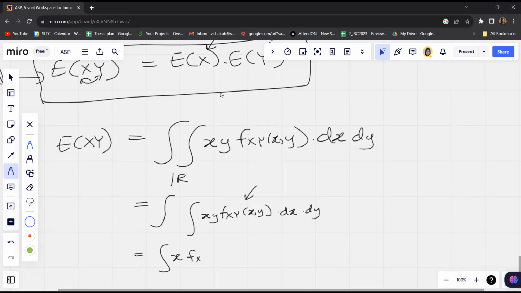So basically f_X(x) will be extracted and it will be used to denote the integration with respect to x, and then y behavior will be extracted, or it can be studied separately, and then it will be integrated separately. So y and x, they are uncorrelated.